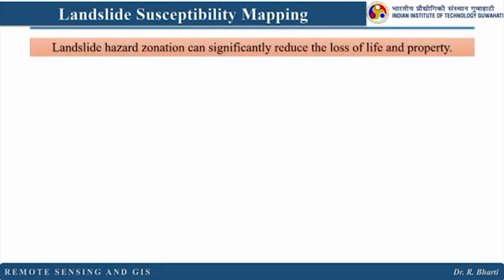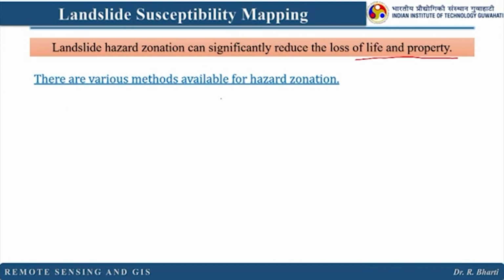Landslide hazard zonation can significantly reduce the loss of life and property. There are various methods available for hazard zonation. You can use any one of them or all of them to evaluate the accuracy of your output, right?